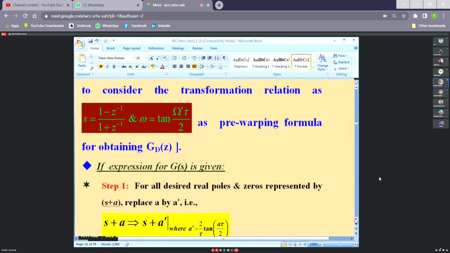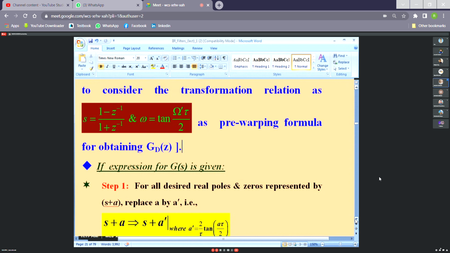Now have a look at another issue. What we have described just now was that the specifications were given. The desired digital cutoff frequencies were made known to you. Then you did the frequency pre-warping, etc., and then applied the bilinear transformation.